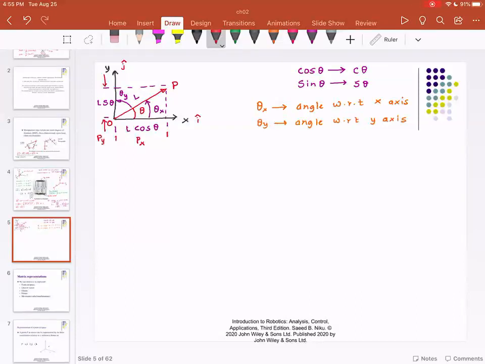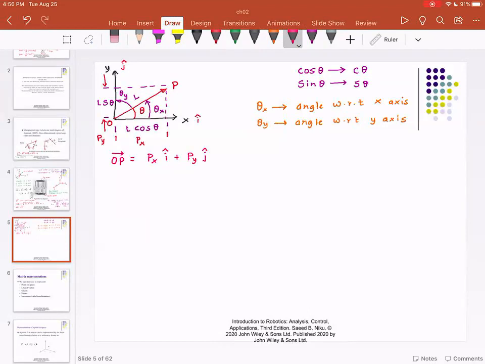Px is the projection on the x-axis, and Py is the projection on the y-axis. So I can rewrite this vector OP as the projection on the x-axis multiplied by the unit vector in the i direction, plus the projection on the y-axis multiplied by the unit vector in the j direction.